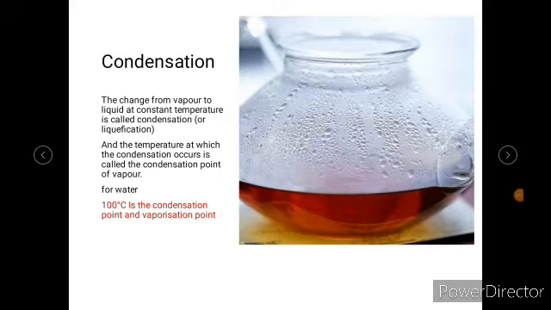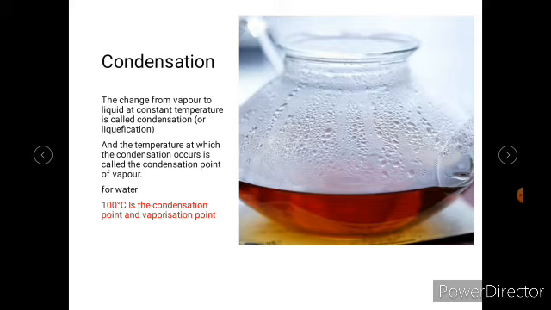Now we'll discuss our next topic, that is condensation. For example, this is a liquid, and because of too much heat the gaseous form goes upward, and later on this gas gets converted into liquid again.